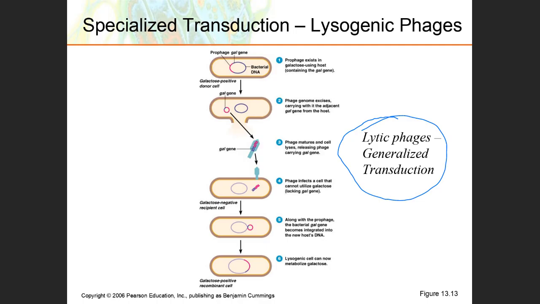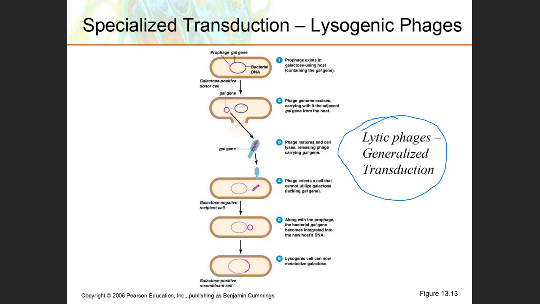If it is a beneficial gene, then when these new viruses, carrying that beneficial gene along with the viral DNA, infect another host cell, the prophage that forms has with it an extra gene, which came from the previous bacterial host.